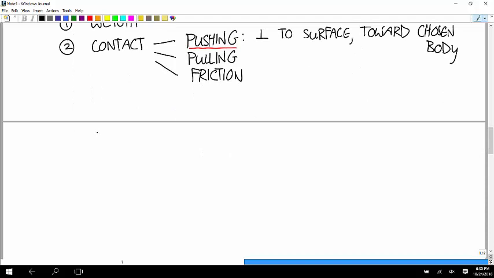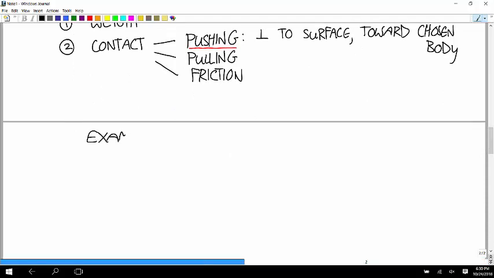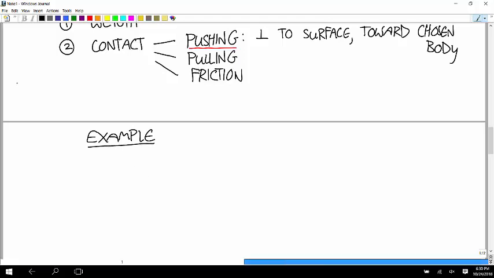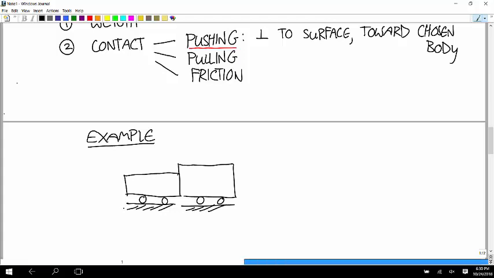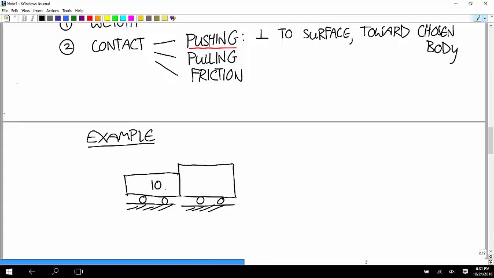And we were working on an example where we had two carts in contact with each other. Can someone remind me what it looked like? I think I did this differently in the day class. But we had one over here and one over here, and they were both on rollers. And what were the masses of the two? Okay.